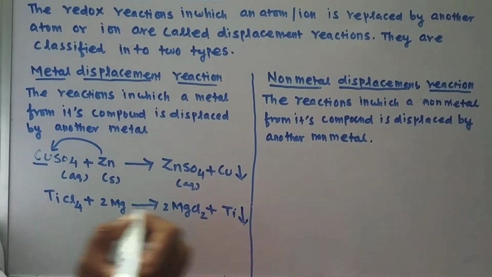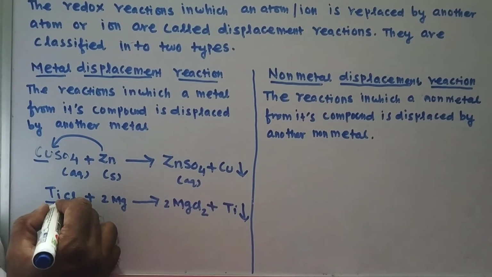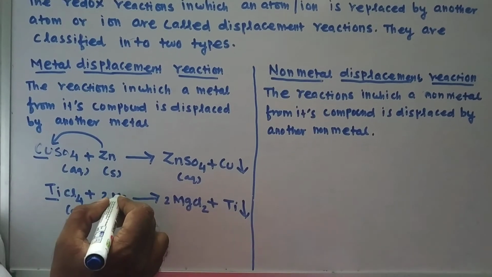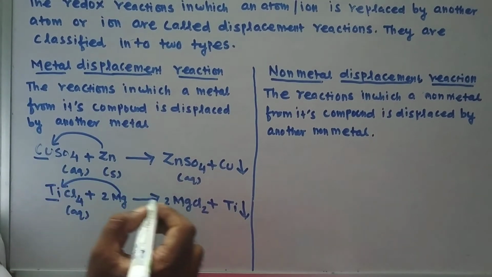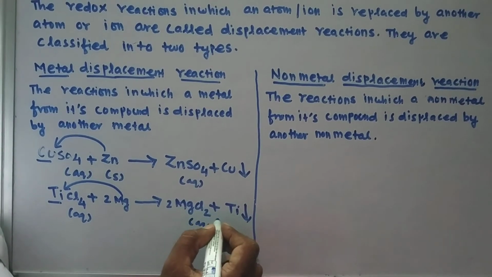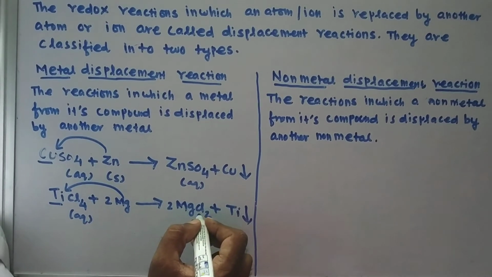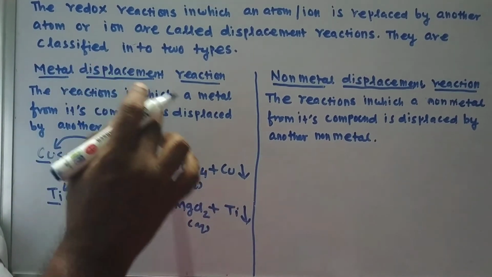This is in the aqueous state. In this reaction, the titanium metal is replaced by the magnesium. As a result, we get magnesium chloride, and titanium is replaced by the magnesium metal. Okay, these two are examples of metal displacement reactions.